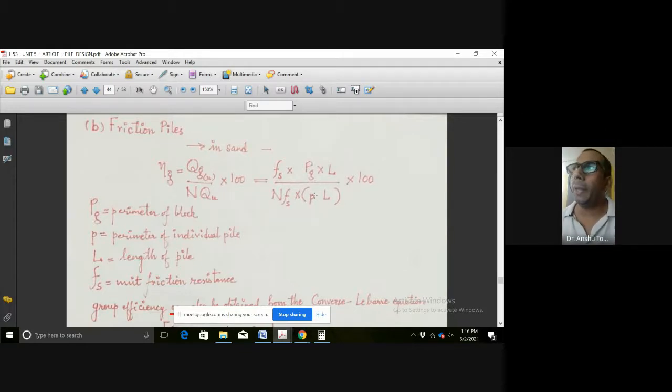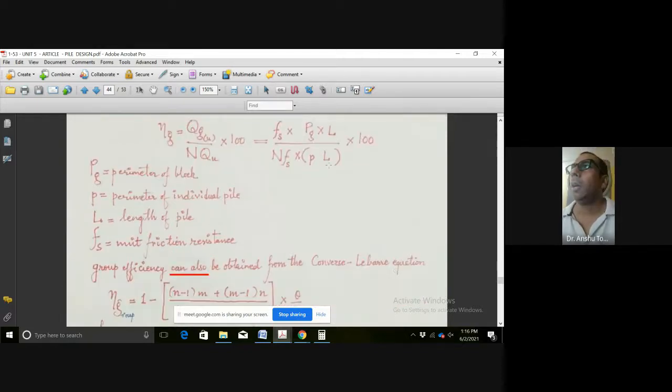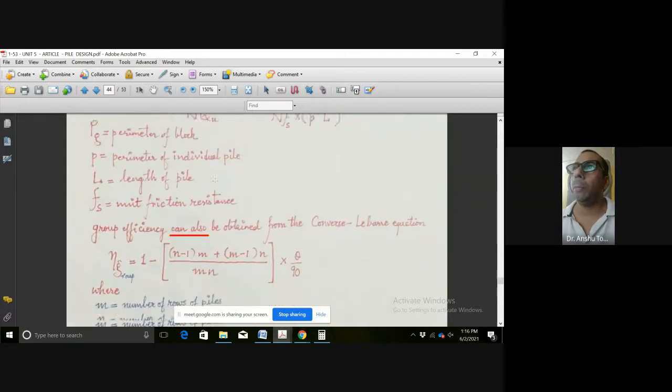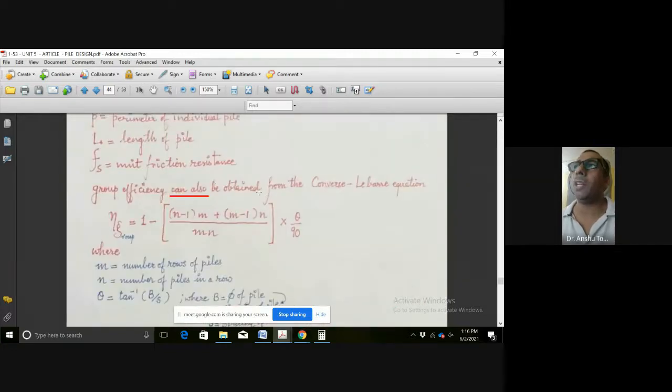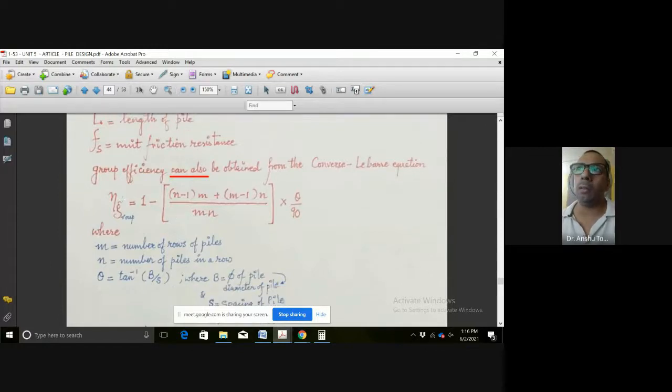And small p, you can see in the denominator, that is the perimeter of individual pile. तो आपका न्यूमरेटर और डिनोमिनेटर कैसे चेंज हो रहा है वो मैंने ऑलरेडी आपको बताया है.